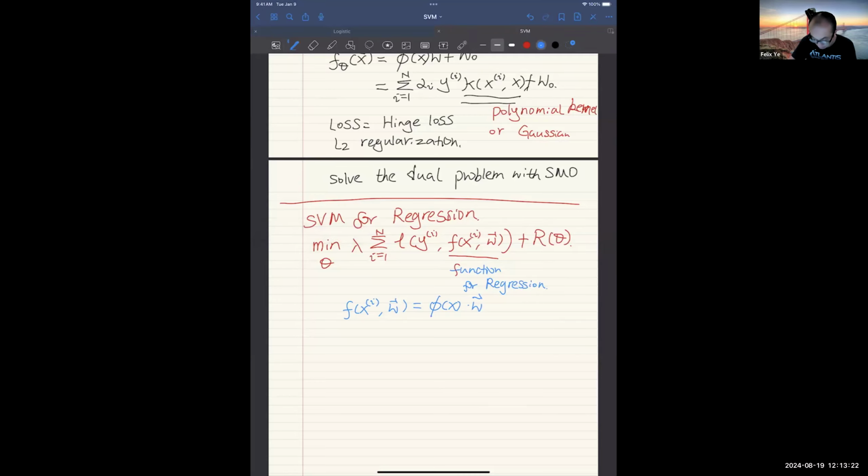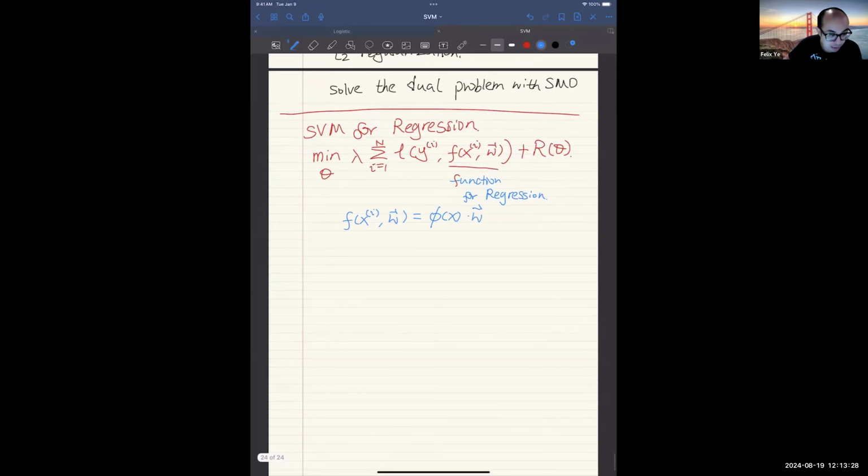But I'm going to revisit the things we already talked about in the picture of SVM, then we can propose something more for other losses. Because right here, this loss is very generic. We can propose a different kind of loss if we need it.